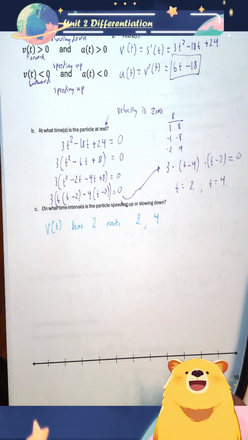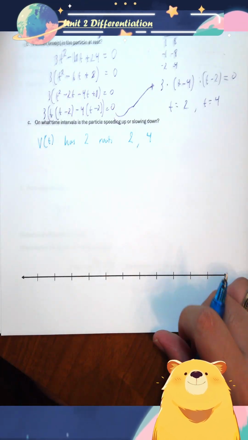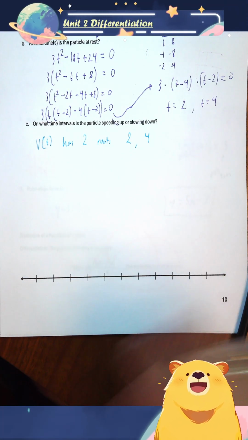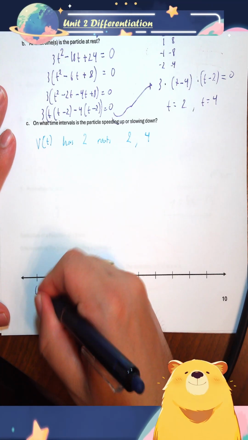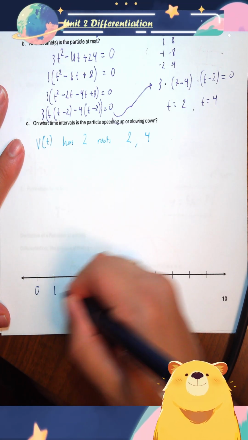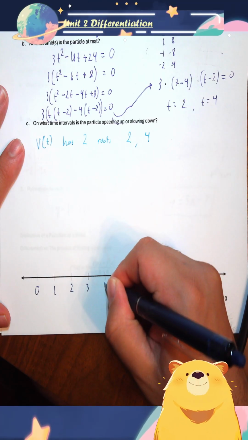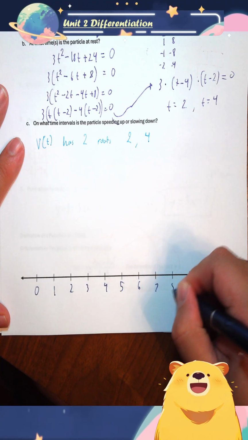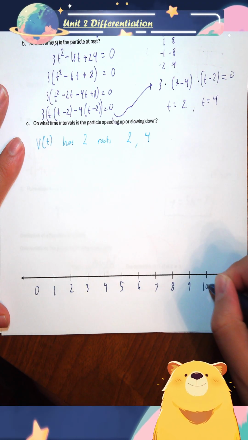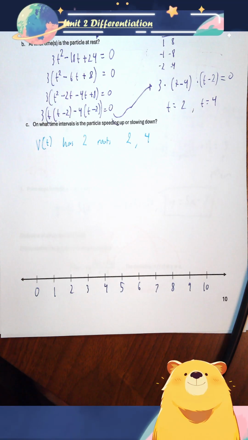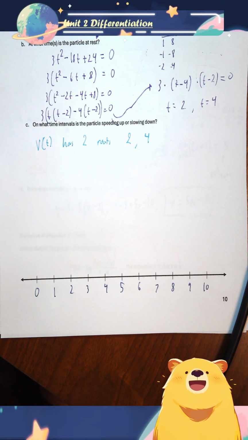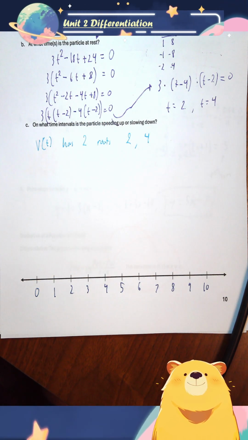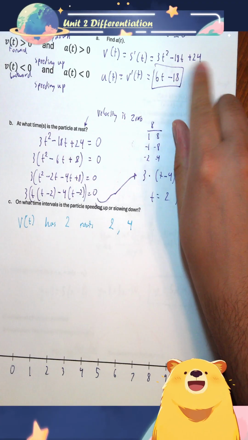So we're going to start a number line. Let me use a different color for this. 0, 1, 2, 3, 4, 5, and then 6, 7, 8, 9, 10. Don't forget we're dealing with a polynomial.